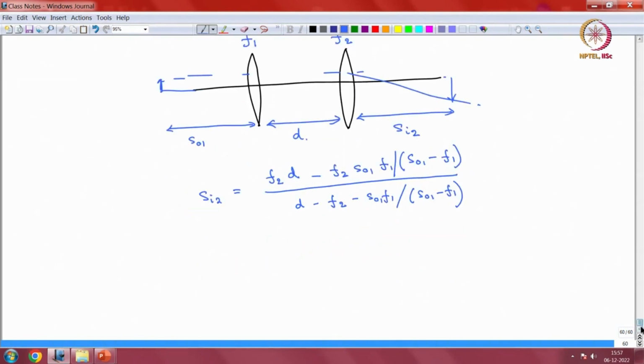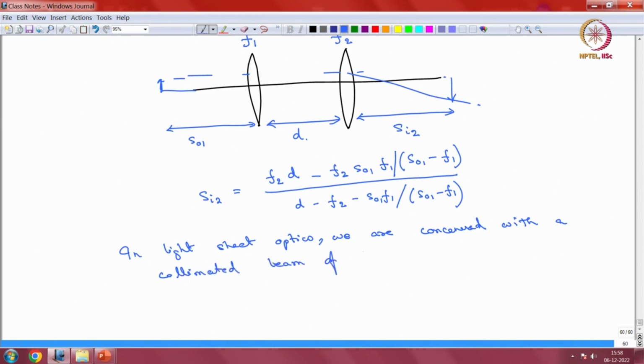So, in light sheet optics, we are concerned with a collimated beam of light, which is a laser, and which passes through the system. So, my SO1 is basically infinity.